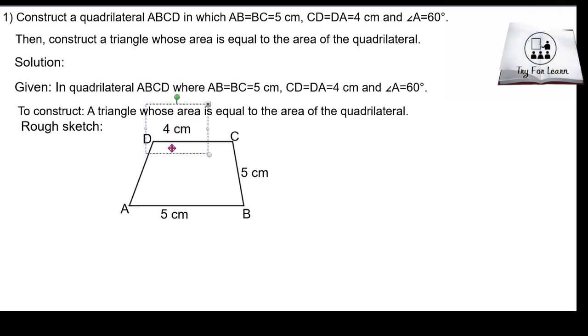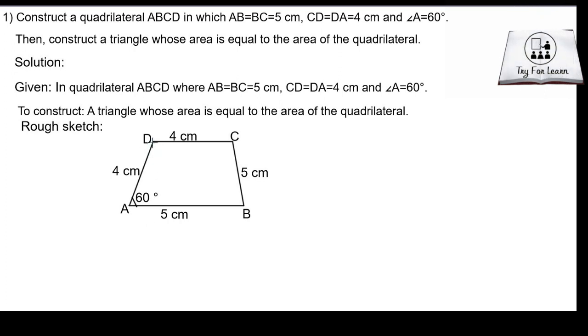So CD is 4 cm, also DA is 4 cm. Also, angle A is 60 degrees. After drawing this type of quadrilateral, here we need to draw a triangle whose area is equal to this quadrilateral.